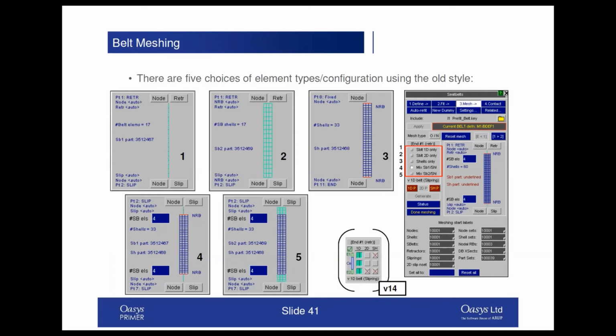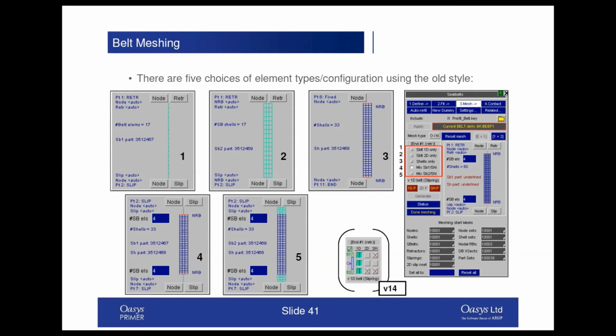Only 1D and 2D seatbelt elements can pass through retractors and slip rings, so they need to be used at those points of our belt. In between those points we could use shells, which is the third option there, shells only. That's just using shell elements, star element shell with more than likely a fabric material property. And then finally we've got 4 and 5, which is a mixture of 1Ds and shells and 2D seatbelt elements and shells respectively.